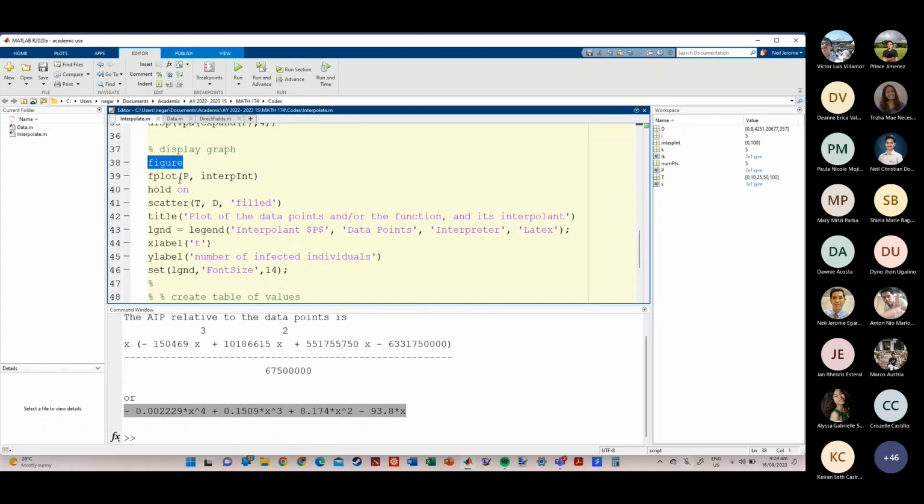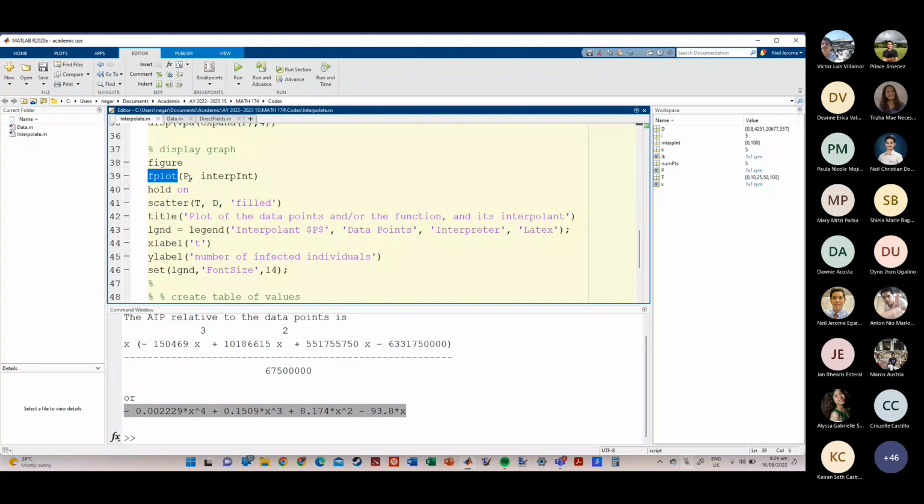Otherwise, pag marami kang pinapagraph pero hindi ka gumagamit ng figure command, magiging patong-patong sila sa isang window, sa isang Cartesian plane. So pag ayaw nyo magpatong-patong sa isang Cartesian plane, yung mga figures na generate nyo, bawat isang figure, lagyan nyo ng figure command.